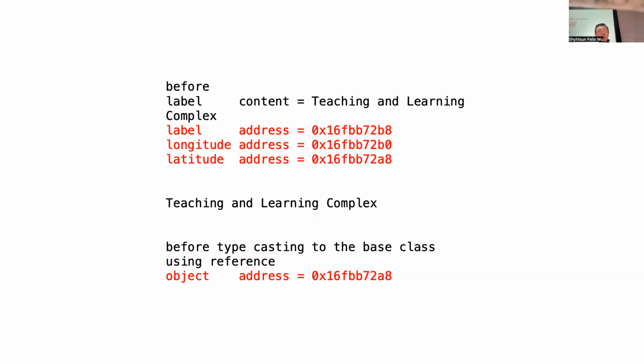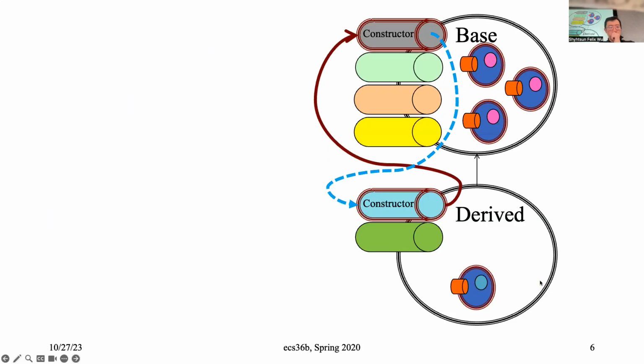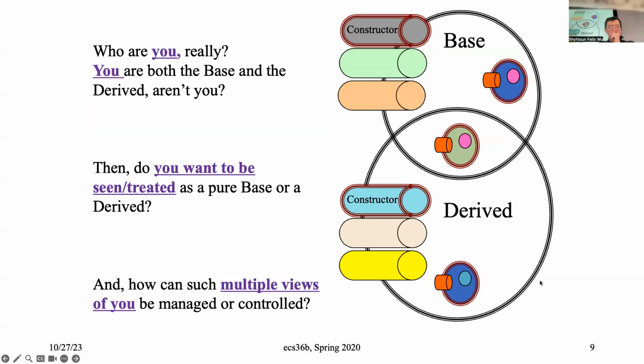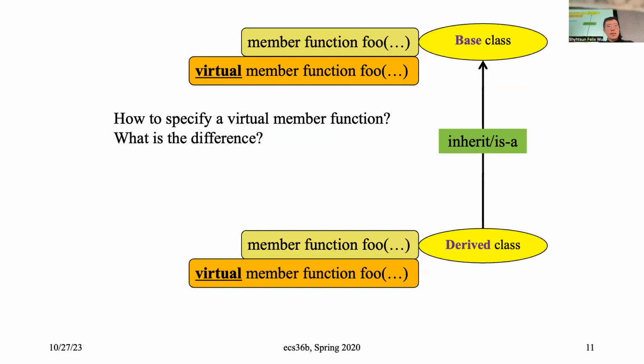All right. So now I'm going to move to number 4, virtual function. I have a base class and a derived class.